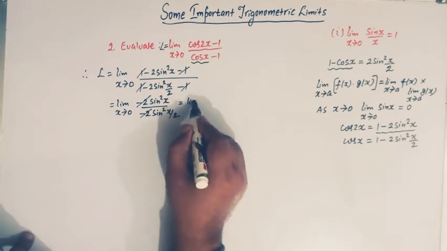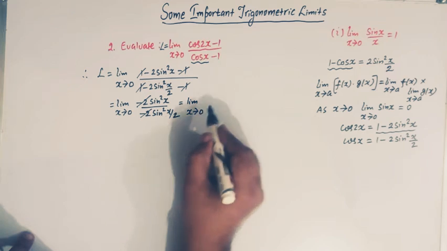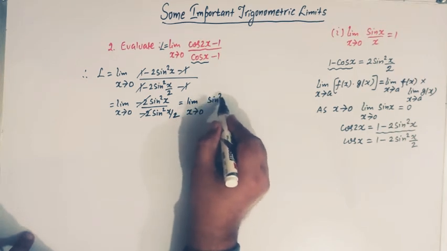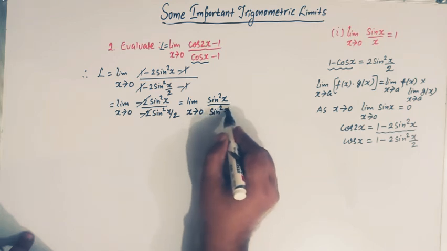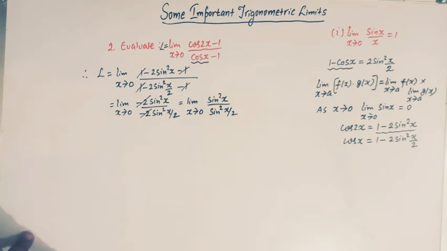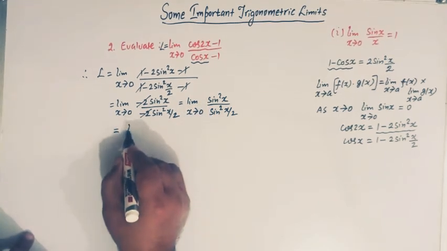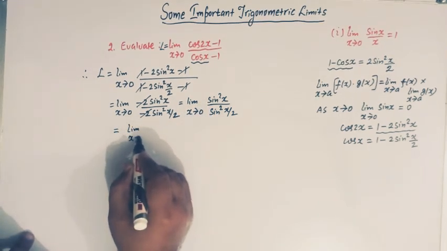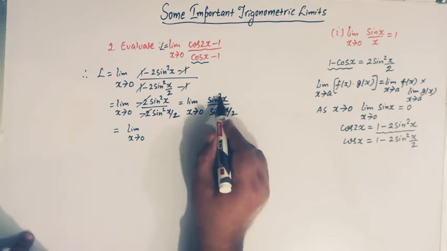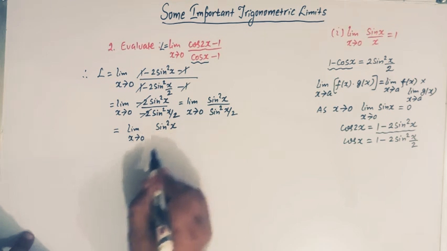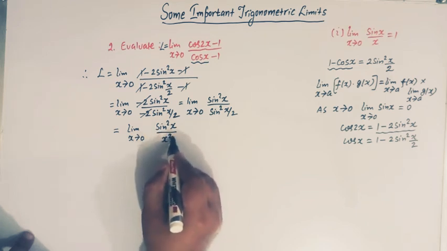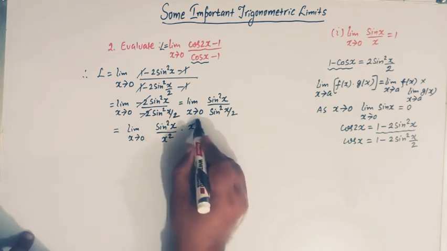So we have limit x tends to 0 of sine square x divided by sine square x by 2. Now we can further write sine square x as sine square x divided by x square times x square.